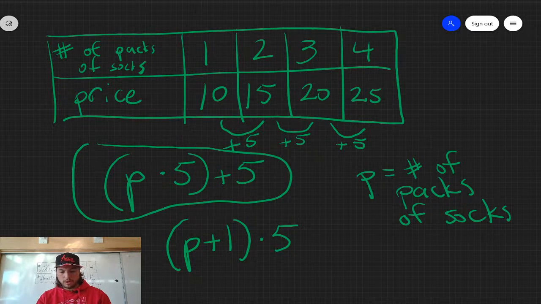So if we put a 1 there, 1 plus 1 times 5. Does that work? Plug your 2 in for the packs of socks. 2 plus 1 times 5. Does that work? Yeah, it does. Right?